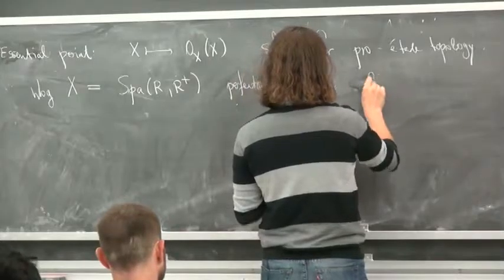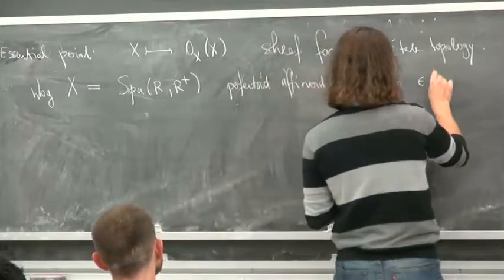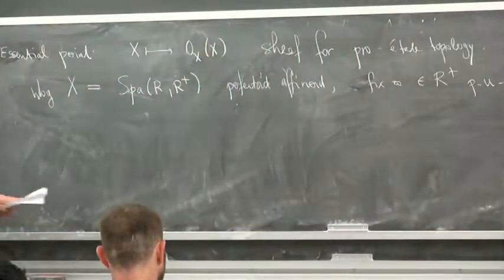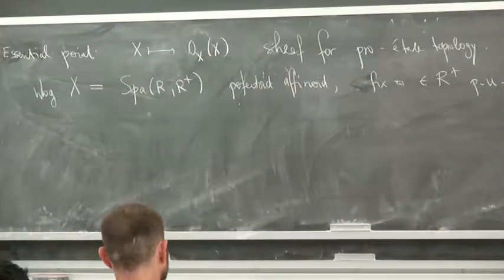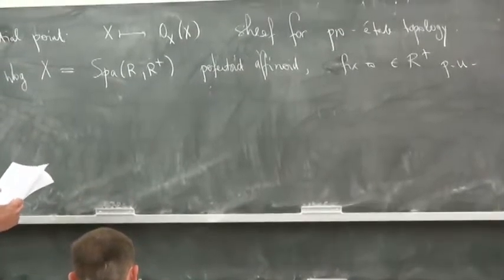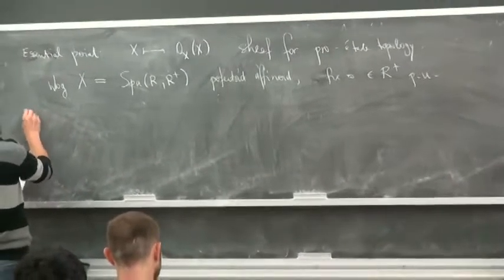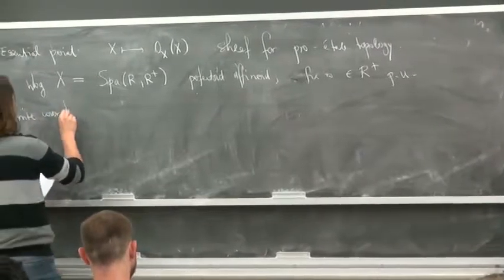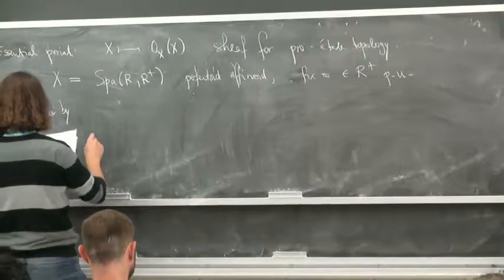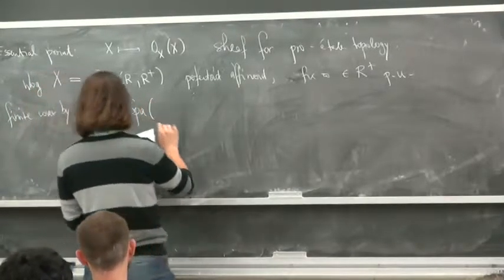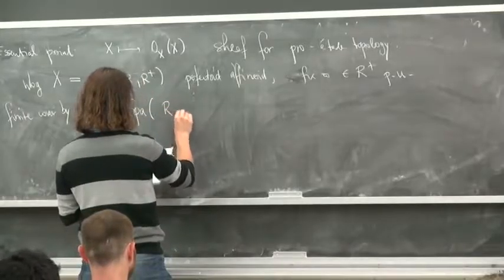And let's fix π in R^+ a pseudo-uniformizer, which will automatically divide p because of the characteristic p. And so say this has a finite cover by X_i's.